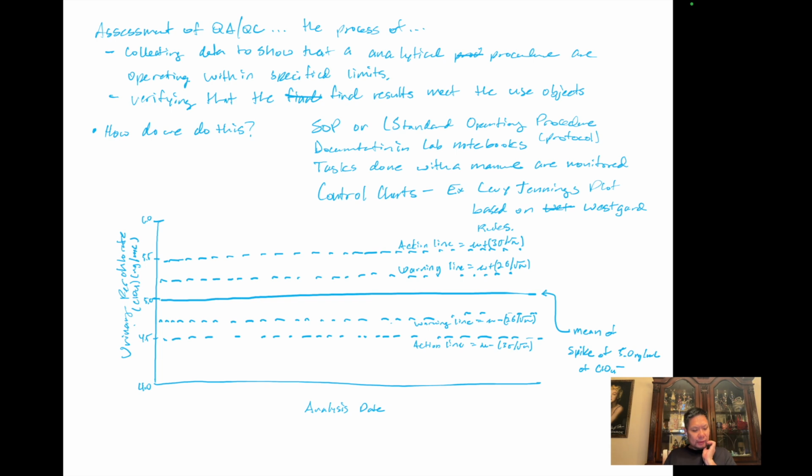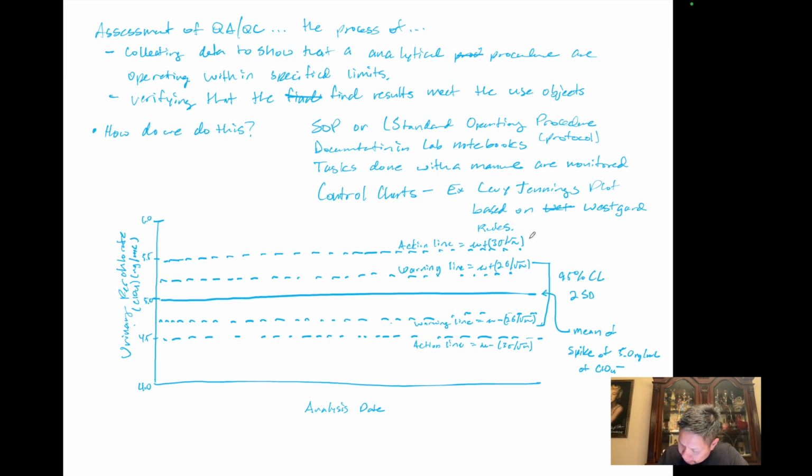Right? And that should already look pretty familiar to you, because that means that the warning lines represent the 95% confidence level, or 2 standard deviations away from the mean.